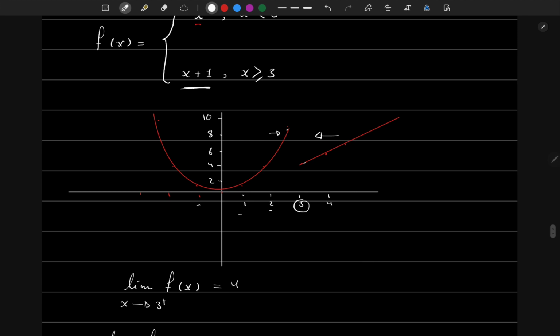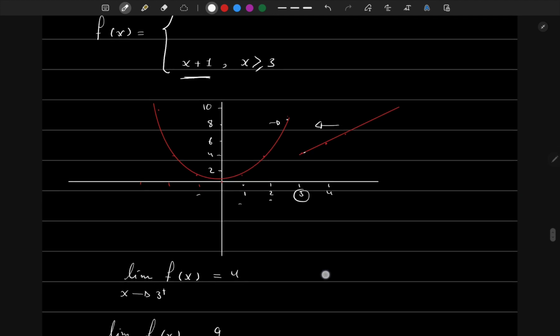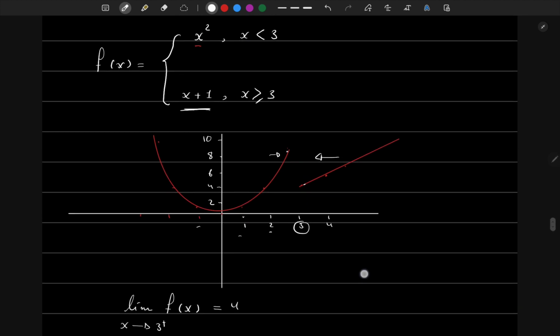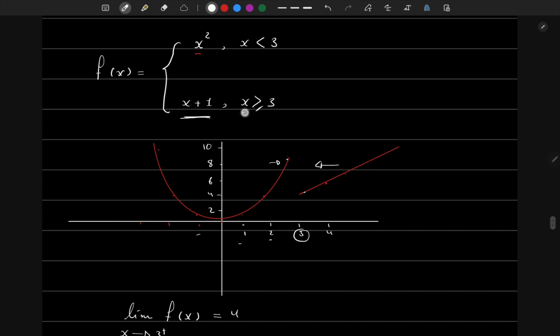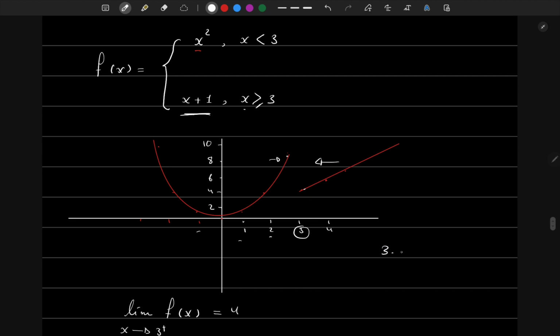Because here you're going to say that because it approaches 3 from the positive, from the right hand side, it's greater than 3, because 3.1 is greater than 3. 3.01 is greater than 3. 3.001 is greater than 3. So we have to say x plus 1. And so 3 plus 1 is 4. 3.01 plus 1 is 4.01.